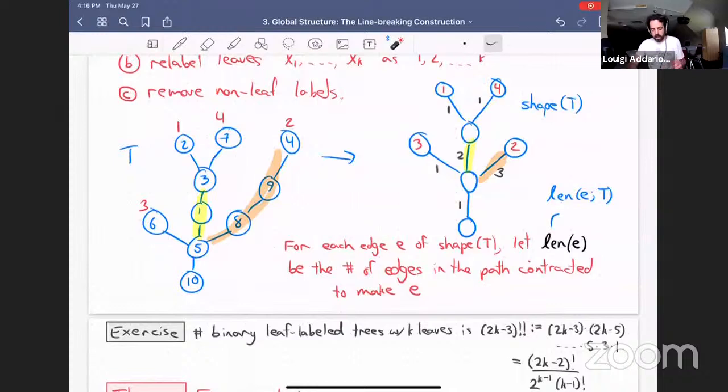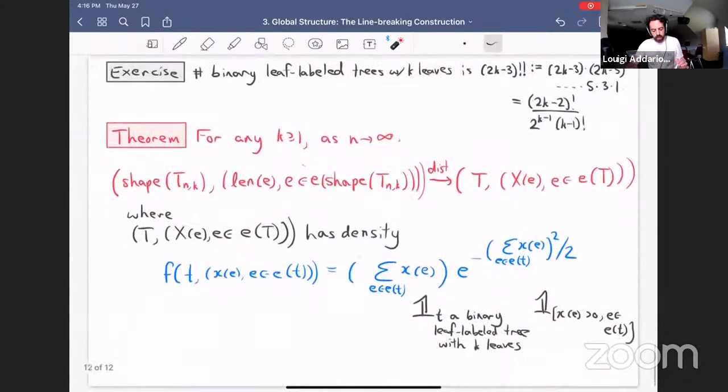In general, when you take a shape, it doesn't have to be a binary tree. It could be a single path. It could have branch points of degree greater than 2, which would make it non-binary. But part of the content of this theorem says that in the limit with high probability, when we sample a finite number of leaves of this random tree, we only see binary trees come out the other side.